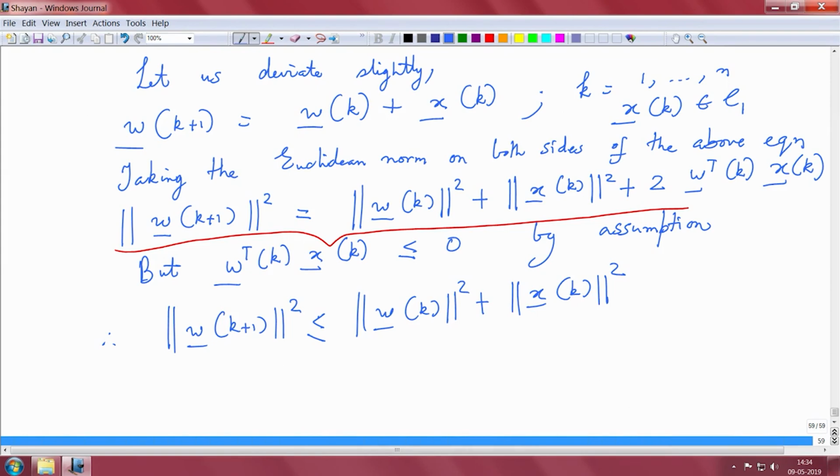Now, we have a sort of a recursive relationship in terms of the norms of these vectors.